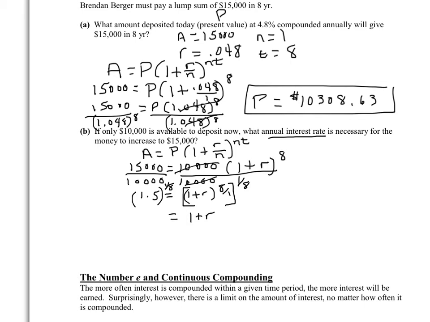Now in my calculator, if I take 1.5 and I raise it to the fractional exponent 1/8, then I end up with a decimal number that is pretty long.